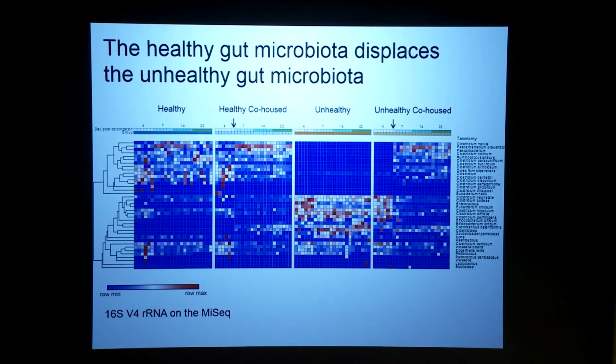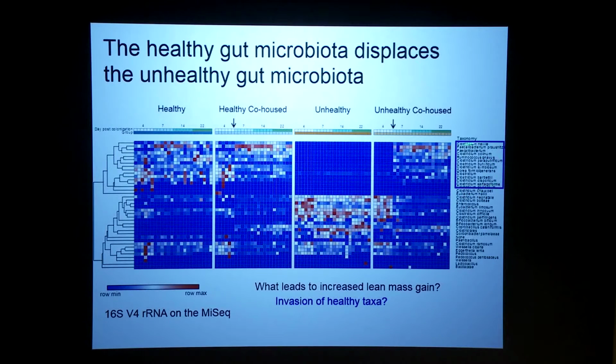However, once these mice were co-housed, I saw a large invasion of many of these bacteria from the healthy community into the unhealthy community, and with that, the displacement of many of the unhealthy microbes that had previously been very abundant. So this brought on another question of what was really leading to this increased lean mass gain that we'd seen within the mice.